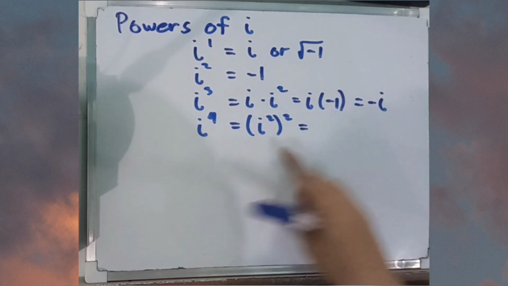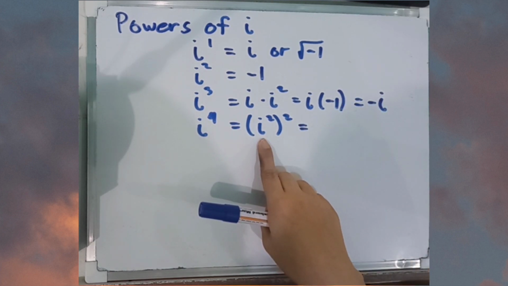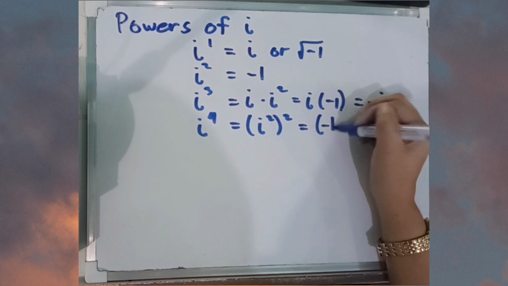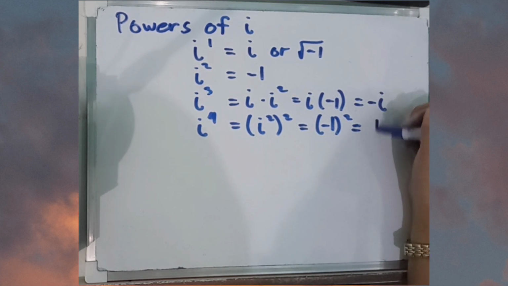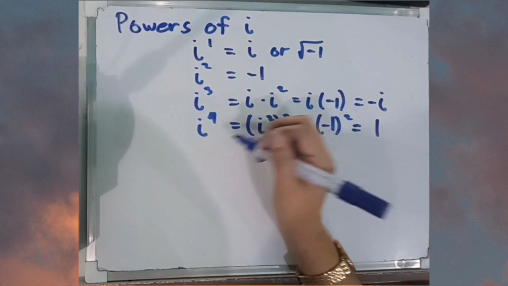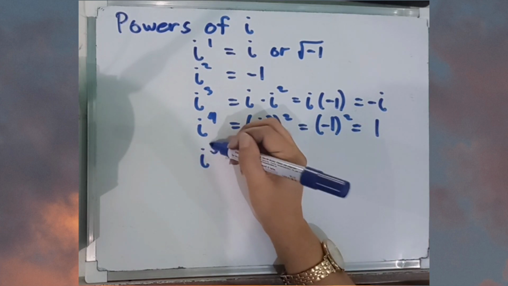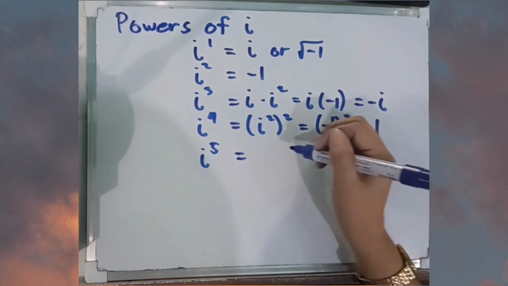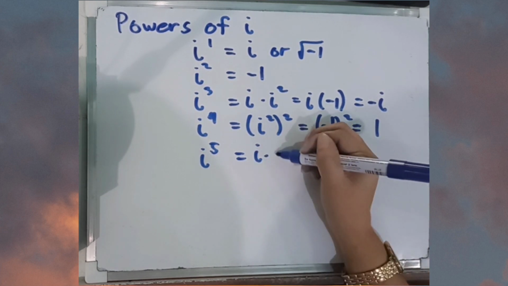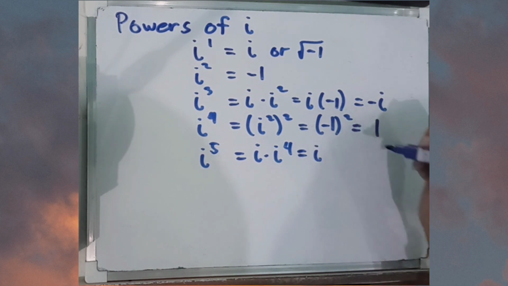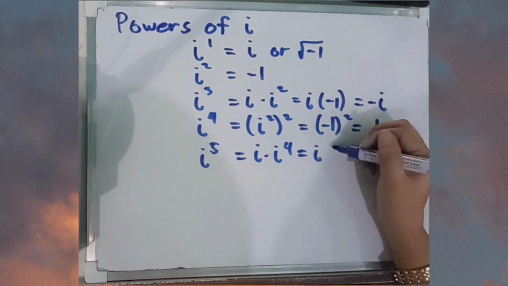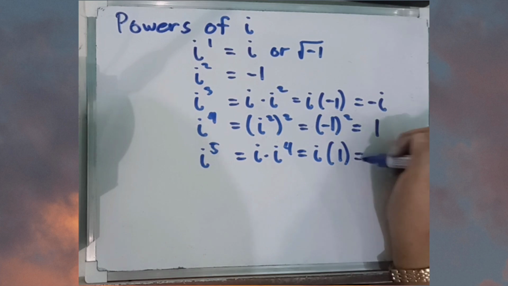So we know that i squared is -1, and if you square that one, that will be equal to 1. Next, if we have i to the 5th power, we can rewrite that one as i times i to the 4th. And we know that i to the 4th is simply 1. So that is simply i.